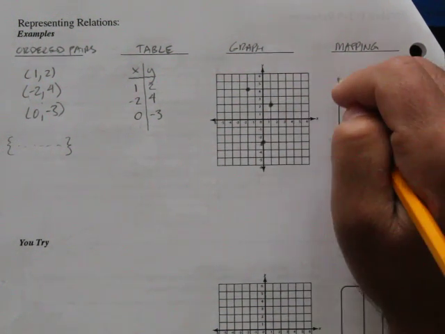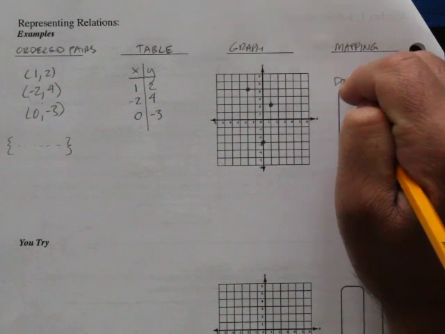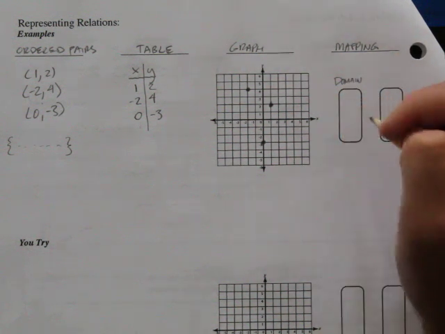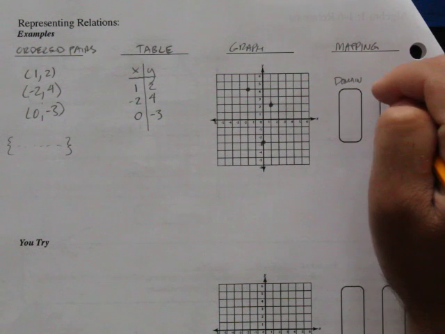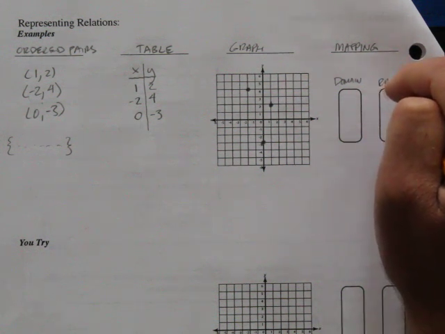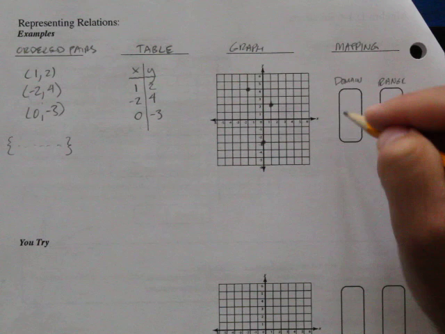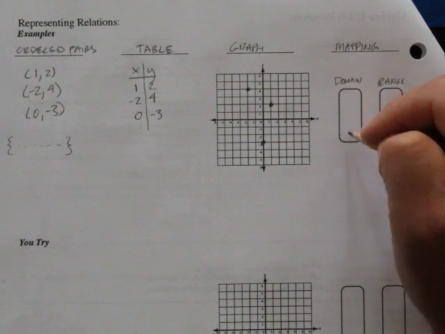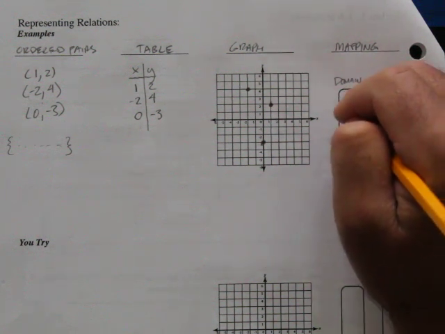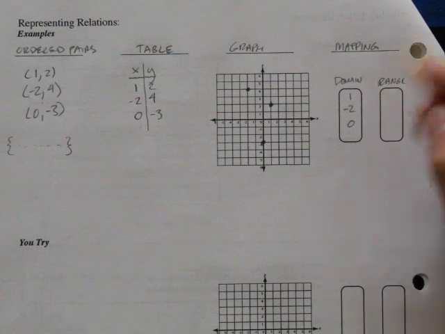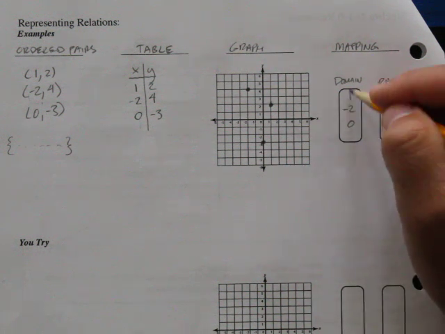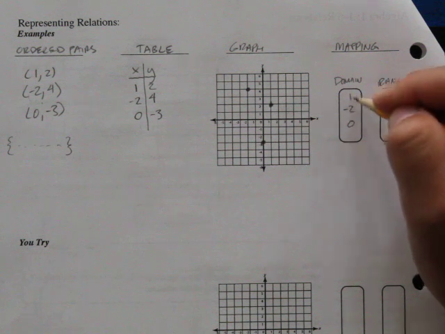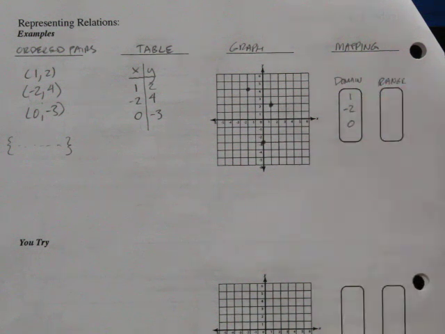Now, mapping. We write domain on the top of the shape on the left, and then we write range over the one on the right. And then we put in our domain values, 1, -2, 0. A lot of times we'll put these in order from least to greatest, so it should maybe be -2, 0, 1, but it's okay.